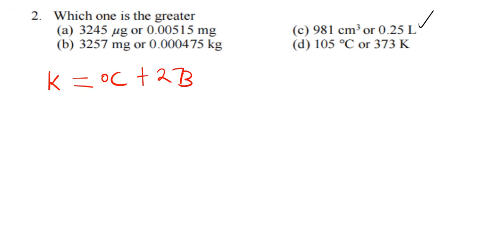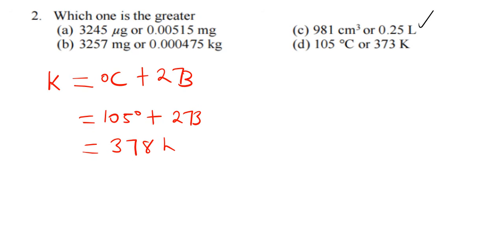In this case we've got 105 as my temperature in degrees Celsius. If we're going to find it in terms of Kelvin, it's just going to be the same 105. So the Kelvin temperature will be 105 degrees Celsius plus 273.